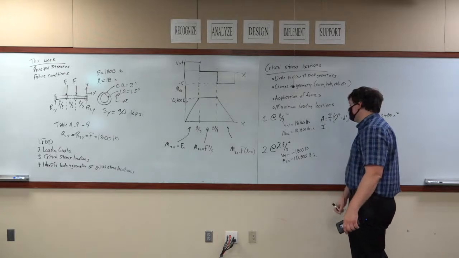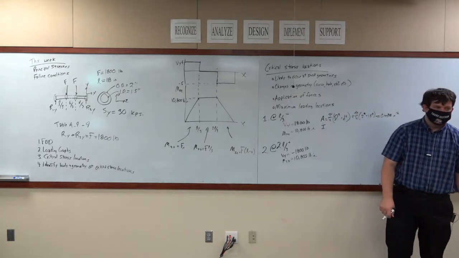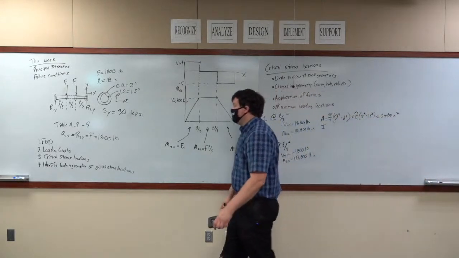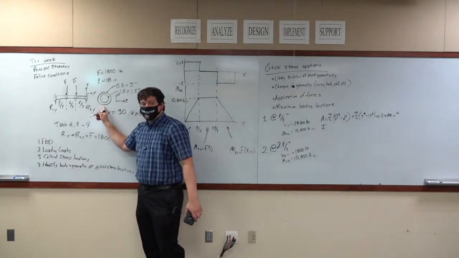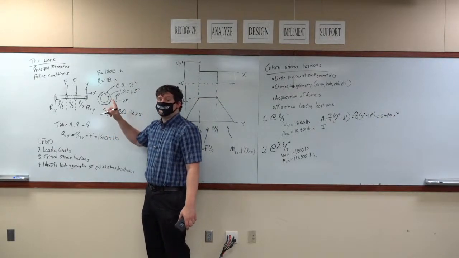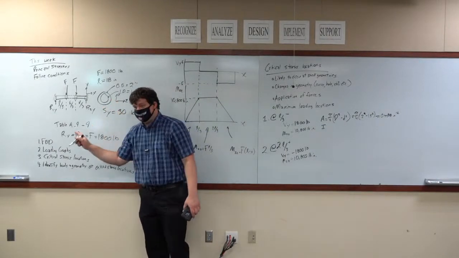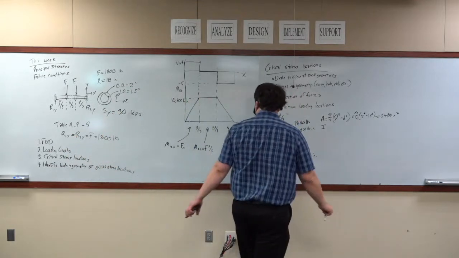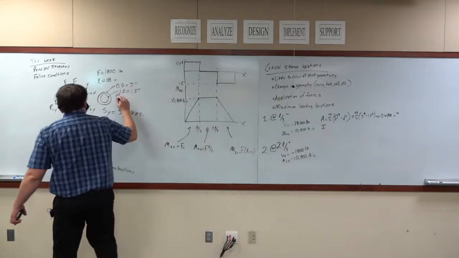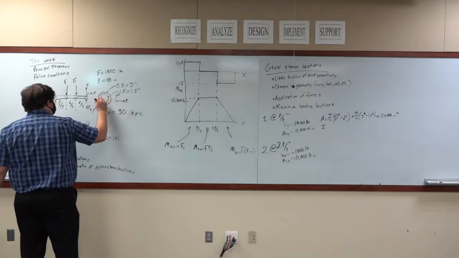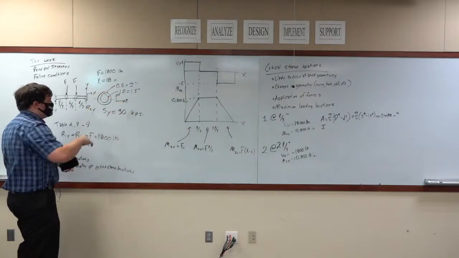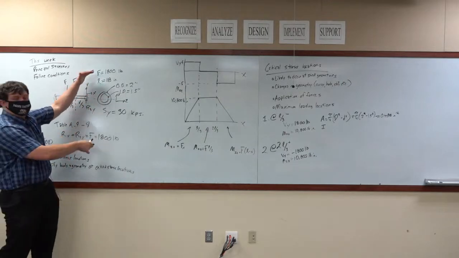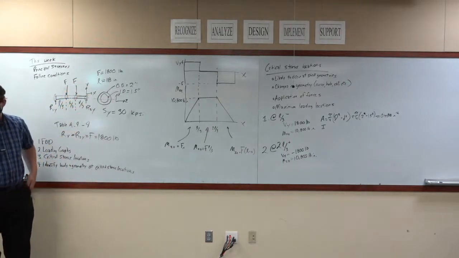We also need the moment of inertia. As Sean pointed out, our load is being carried across this face, which means we need the moment of inertia of this face. So the moment of inertia is going to be the bending along the centroid axis, the resistance to bending. If this were a taller shape, it would have a higher moment of inertia.